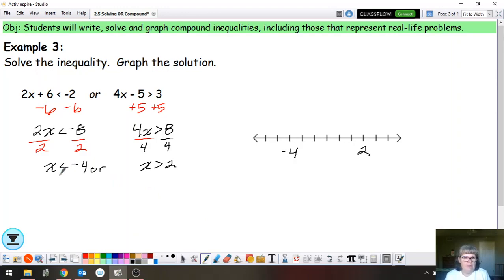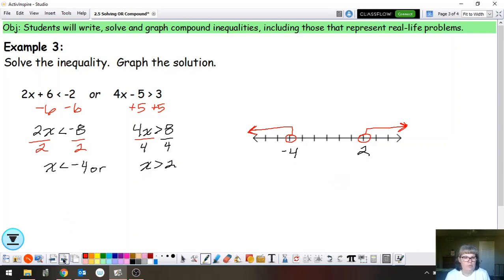I do not have an equal to on either of these, so when I graph, I have an open circle for both of them. x is representing all the numbers smaller than negative 4, so I have an arrow to the left because that's all numbers smaller than negative 4, but x is also all numbers bigger than 2, so that's an arrow to the right. And that is the solution with its graph for this compound inequality.